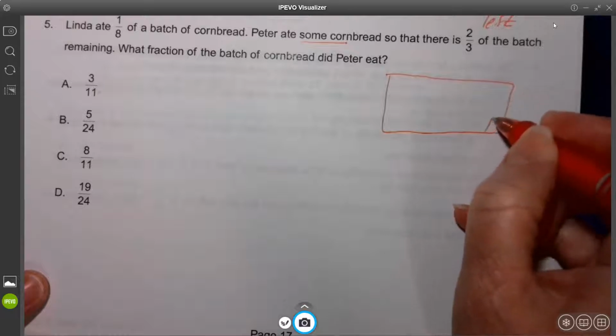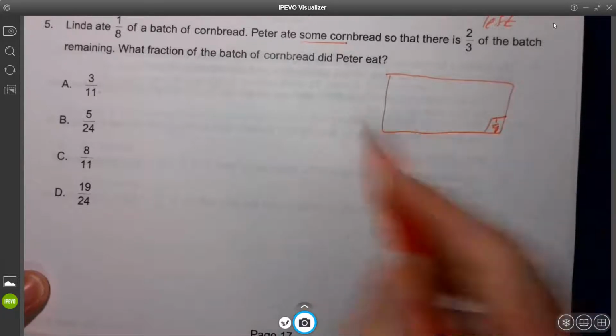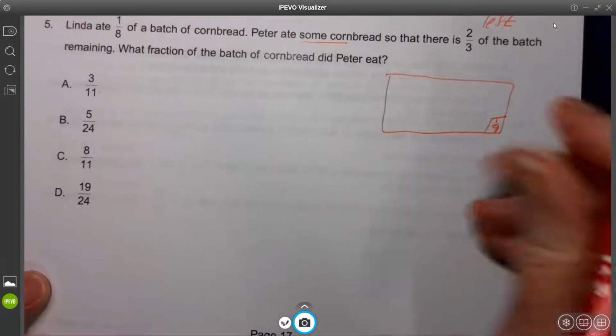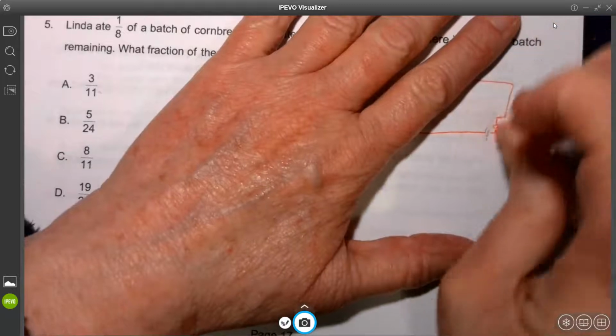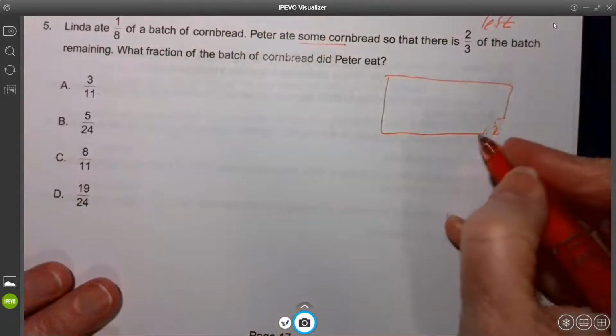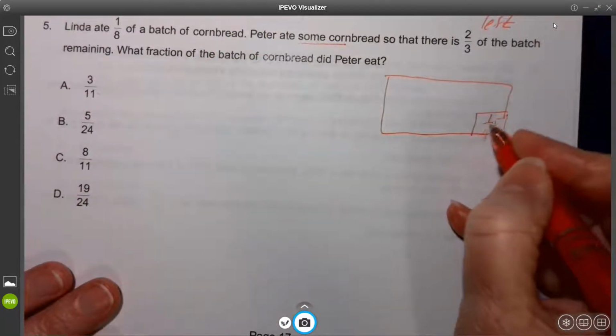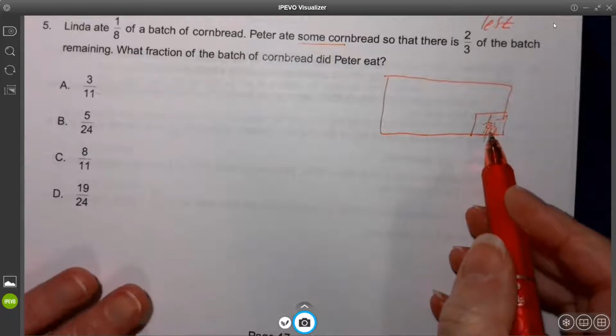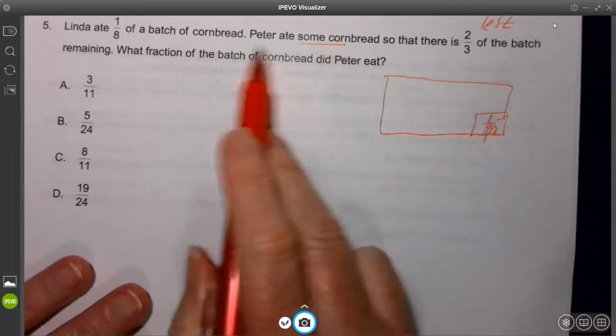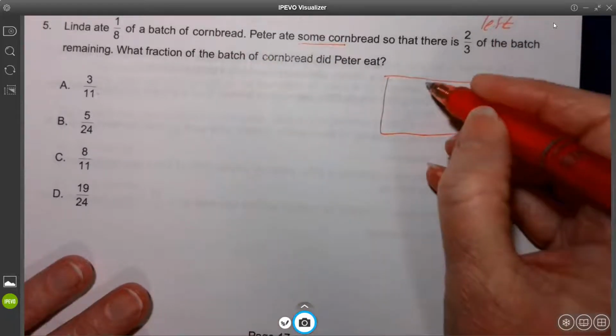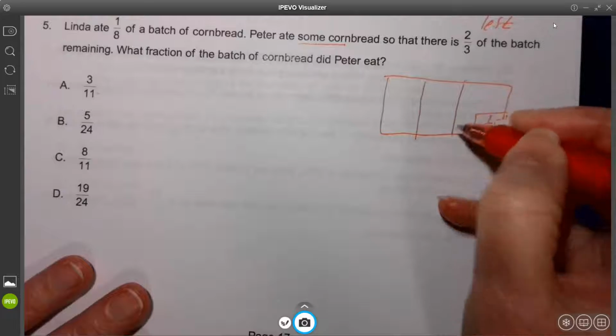So what I did is I said, okay, Linda ate 1/8. I don't know how big this is. I'm just making it up, okay? I'm going to make that a little bigger so you can see what I did there. So here is 1/8. So she ate 1/8 of it. And then when Peter was done, 2/3 of it was left. Okay?